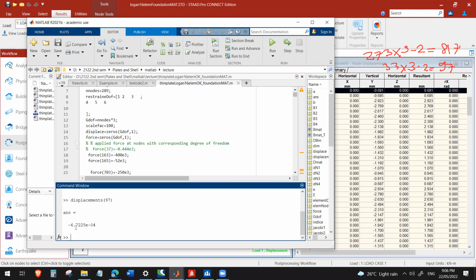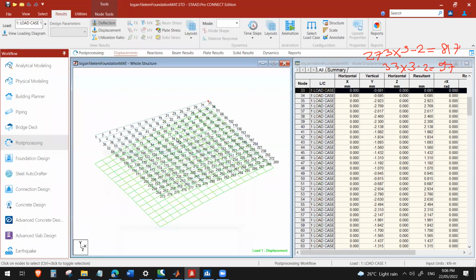Yeah, so that's almost the same, 6.7, this is 0.67 millimeters, because this is in meters. So that's 0.67 millimeters. And maybe last, how about this one? Node 1 is, of course, displacement 1.